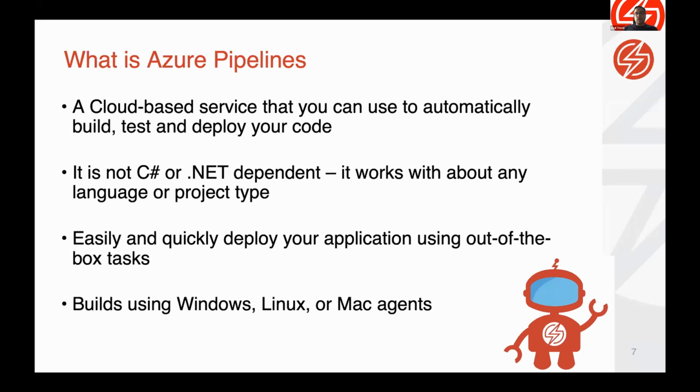In my demo, I have two pipelines. One is Android Studio, which is not C#, and the other is the testing framework that I run to test it, and that's in Java. So it's not only about C# or .NET, even though it's from Microsoft.